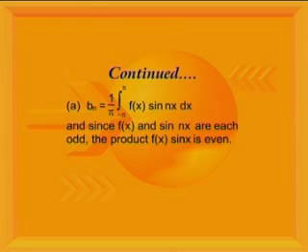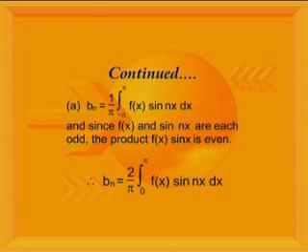Therefore, we can write b_n is equal to 2 over pi into the integral of f(x) sin nx, integration from x equal to 0 to pi. And we can find these coefficients.